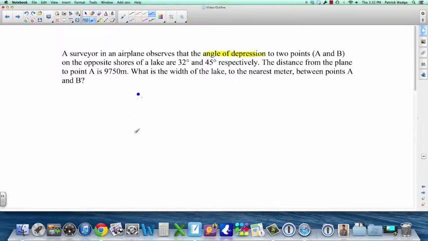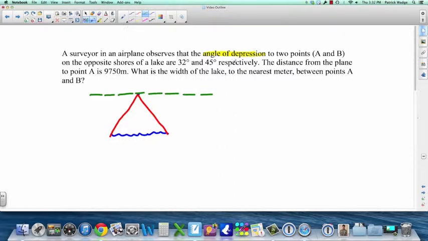So here's my plane. And here's the lake. And the angle of depression to opposite shores of the lake. So you look from here to one end of the lake, look from the plane to the other end of the lake, and we're talking about angle of depression. So remember, I have to draw a horizontal line up here.